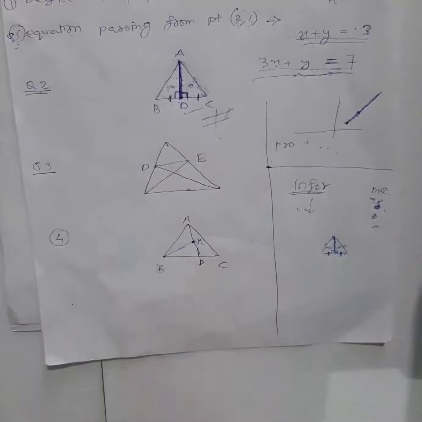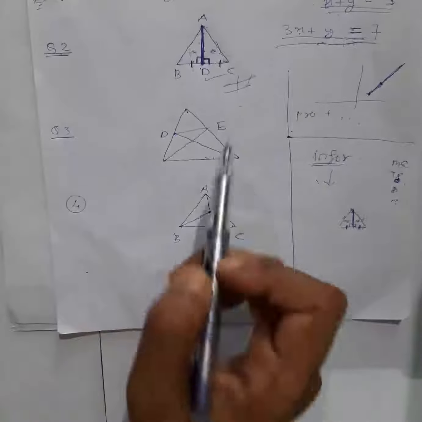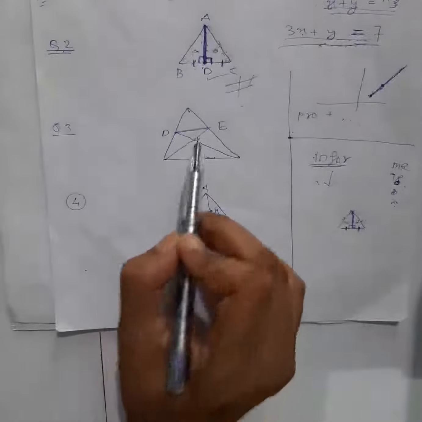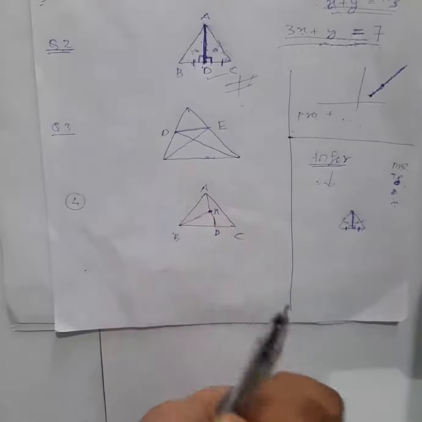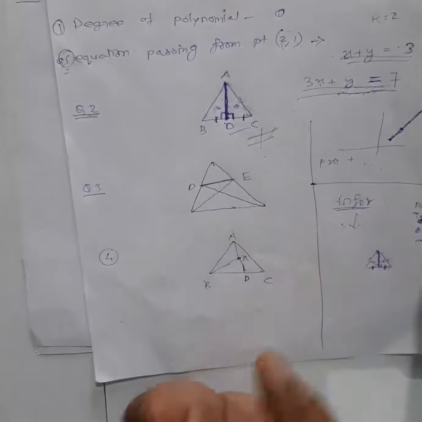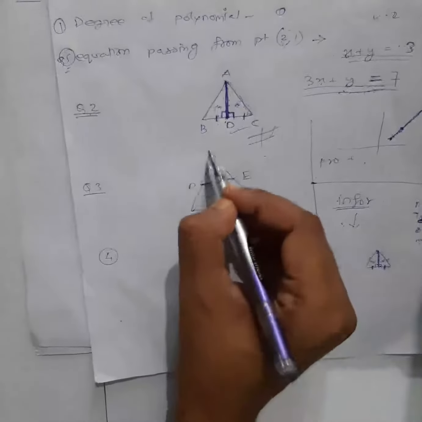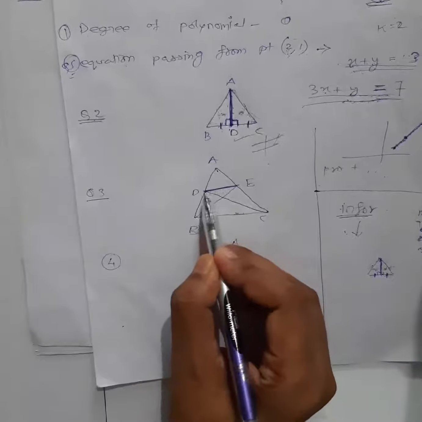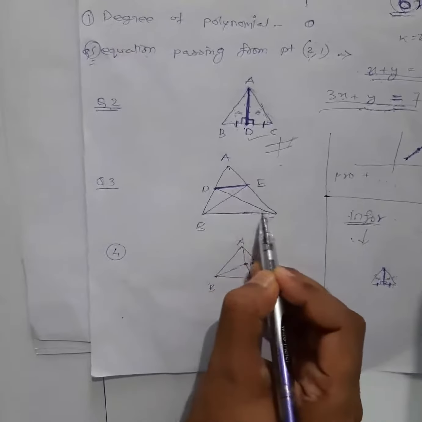Now this one also mostly has been done correctly, but some students have misinterpreted the question itself. So in this question, this is A, B, C, you were asked to show DE parallel to BC.